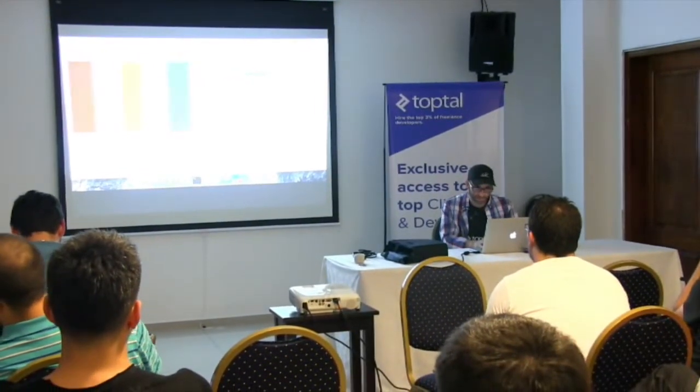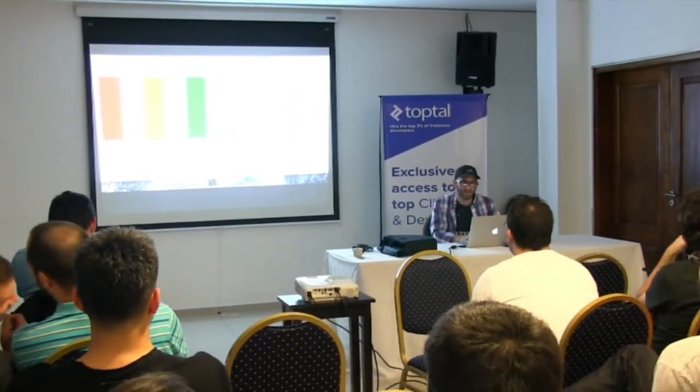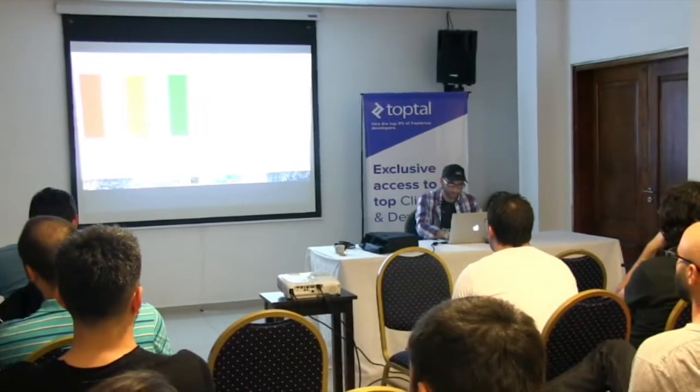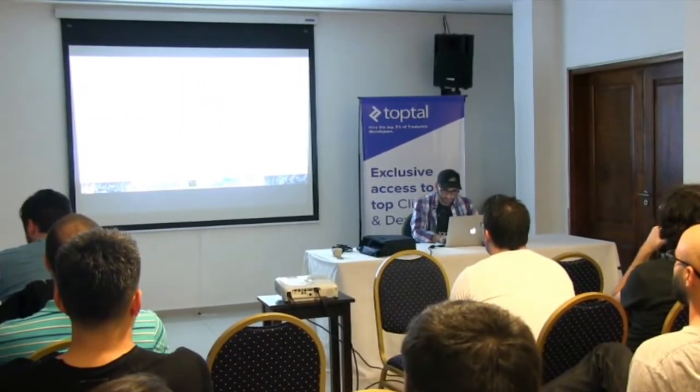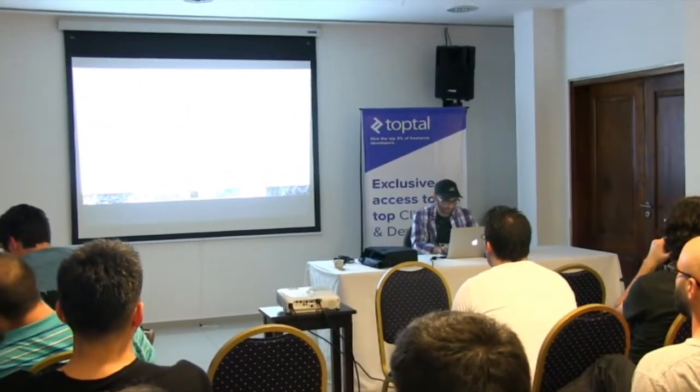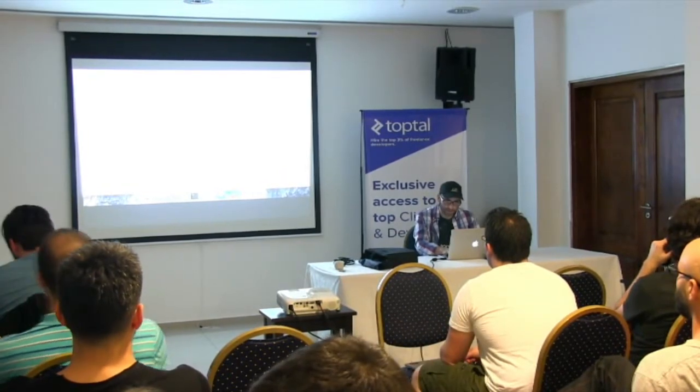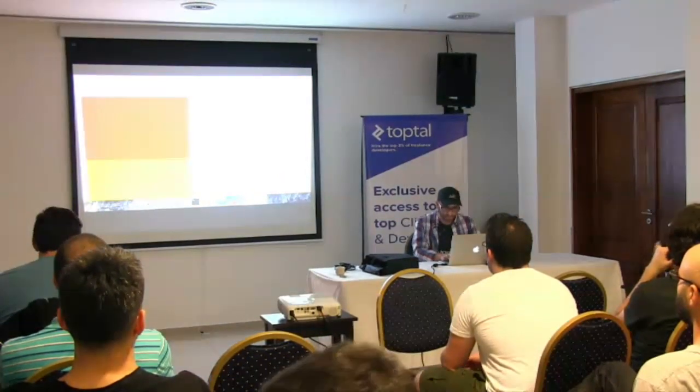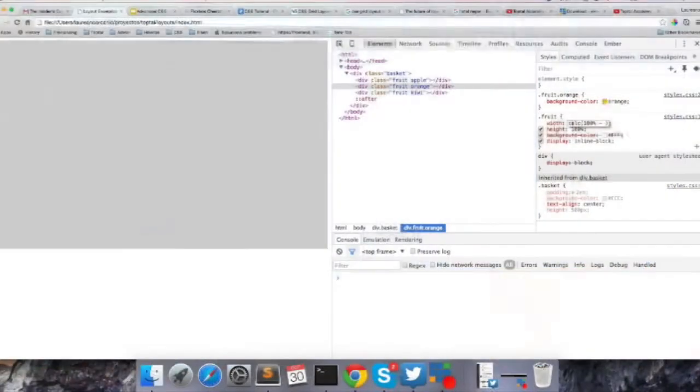So we are going to change our orange CSS, and instead of having a fixed width, we're going to use the calc function, and we're going to say we want this to have 100% minus the width of both of the elements.